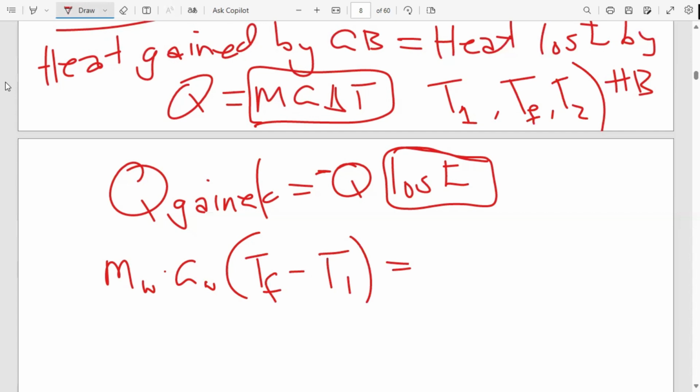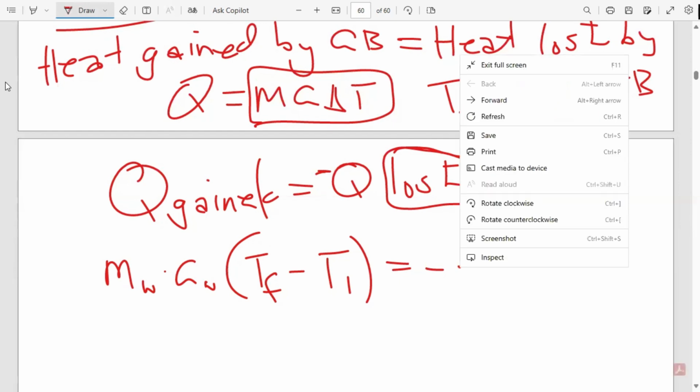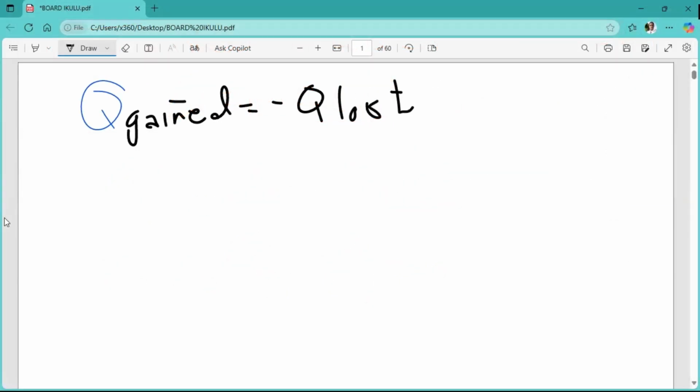This will be equal to the energy that is going to be lost on this side. So we're going to say negative M, the mass of the water. I said there are three temperatures: the temperature of the cold substance, the equilibrium temperature, and the temperature of the hot substance.